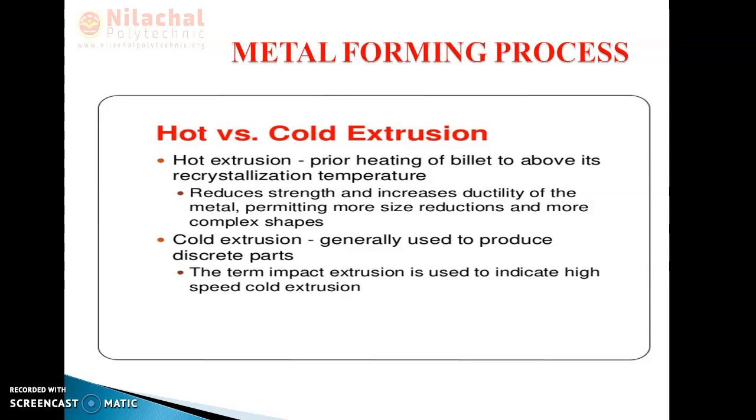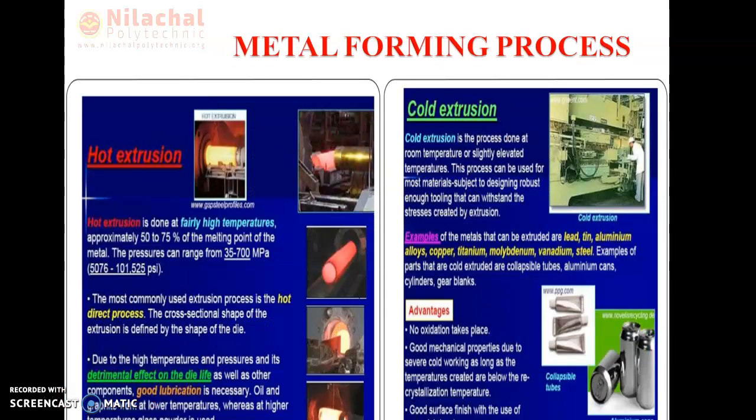Cold extrusion is generally used to produce discrete parts. The term impact extrusion is used to indicate high speed cold extrusion. Here in this slide we can see examples of how hot extrusion and cold extrusion take place.